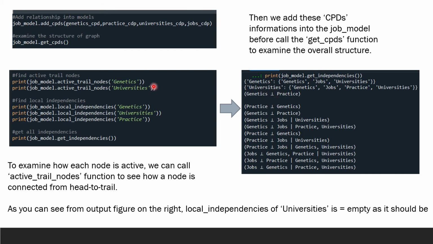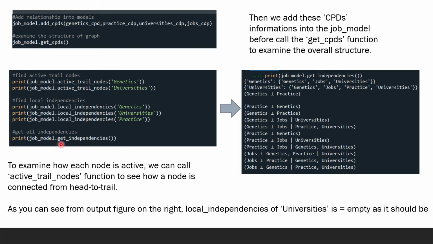Also, the practice is independent to the genetic. It should be the output from these 3 lines, right? But for the local independencies of university, as you can see, it's a blank output. Yeah, it's empty because university has no independencies.